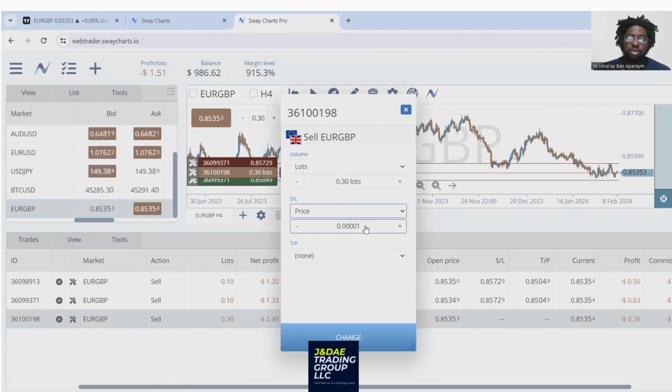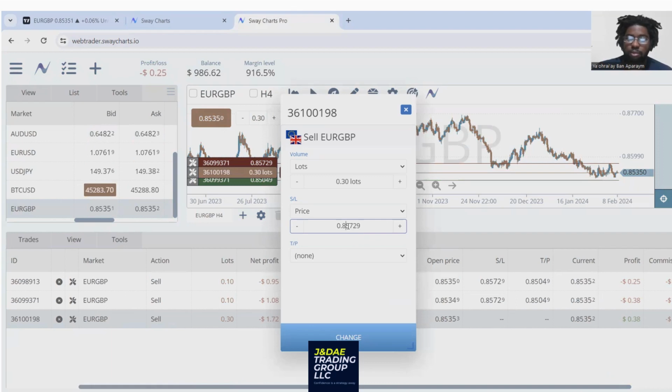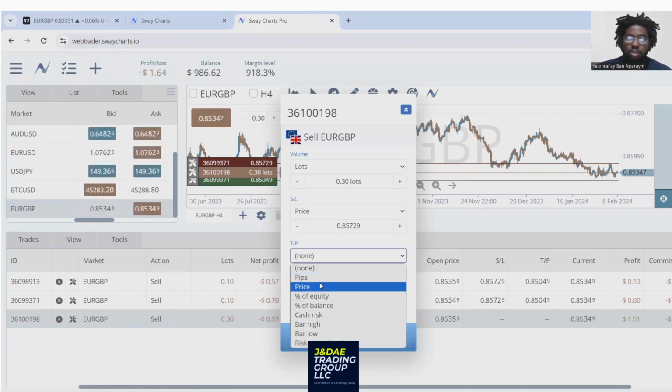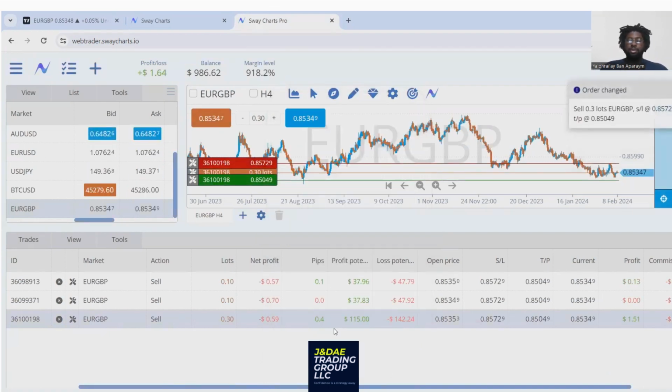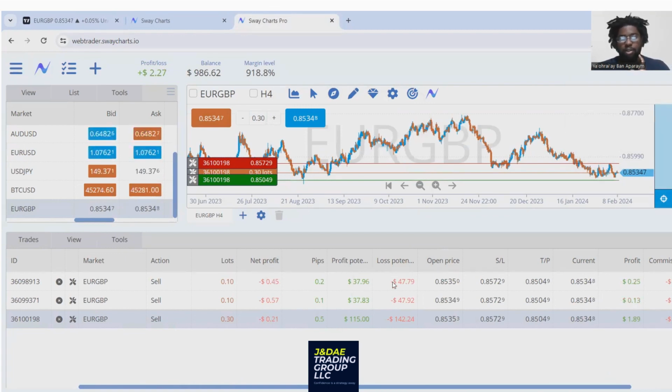So the price will be 0.85729, and then price TP is 0.85049. And I click change, and boom, take profit and stop loss are in.